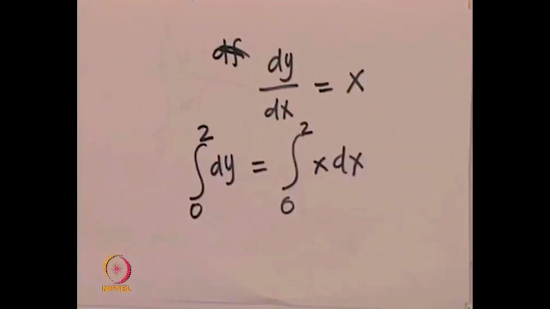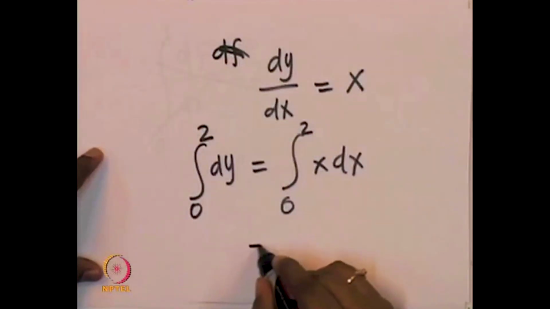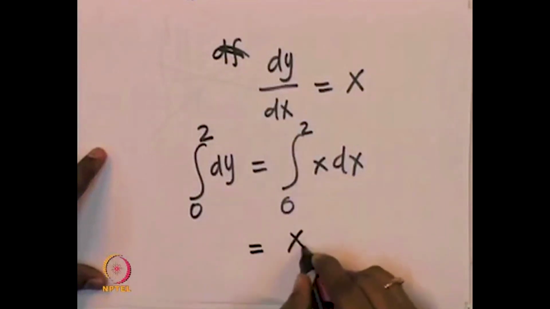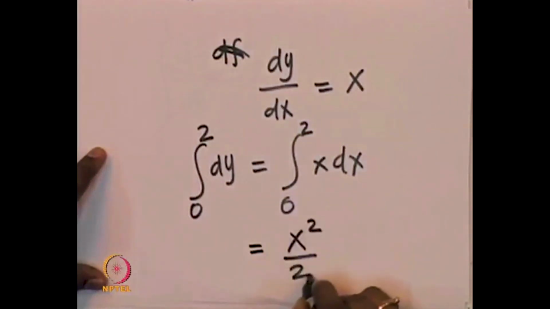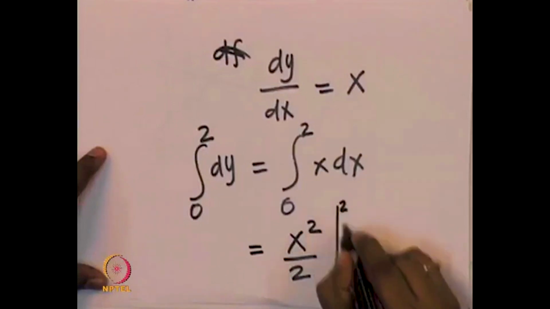Now, the integral of x we know is x square by 2. So, the integral of x dx is x square by 2, at these 2 points 0 and 2.